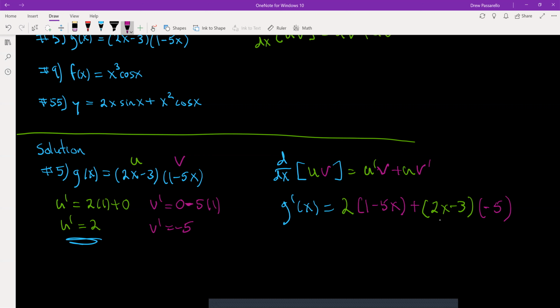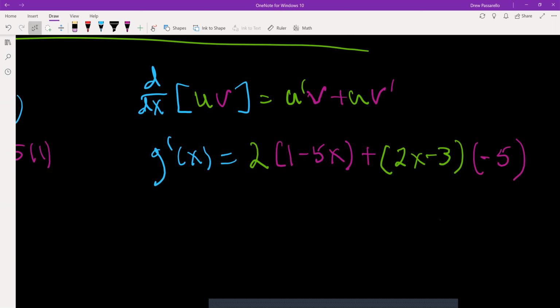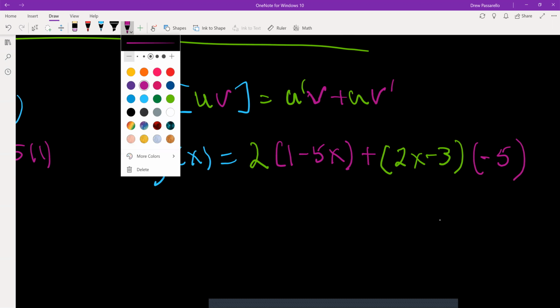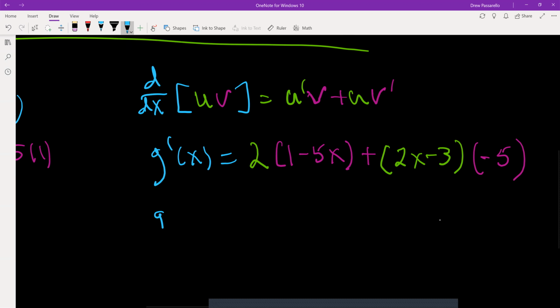All right, that's directly substituting it in from the formula. Now it's a matter of simplifying it. So I distribute 2, so that makes this 2 minus 10x. And then here I would distribute the negative 5.